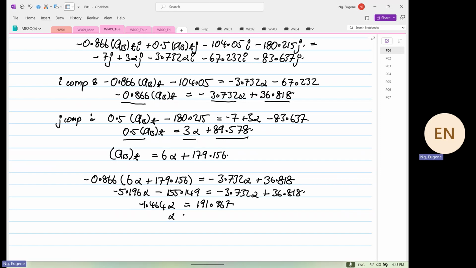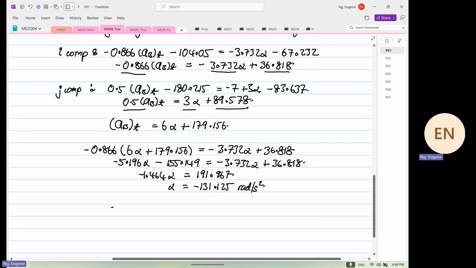Okay, so alpha will be equal to 191.967 divided by 1.464, which equals minus 131.125 radians per second squared.